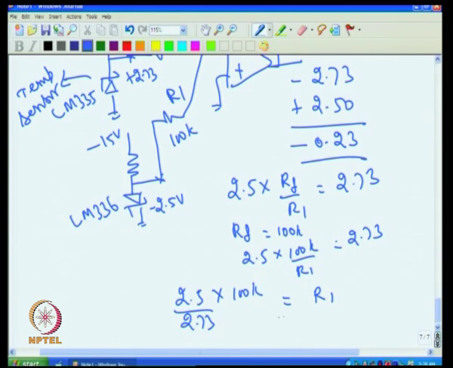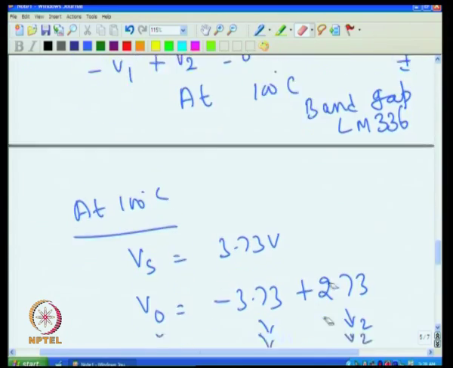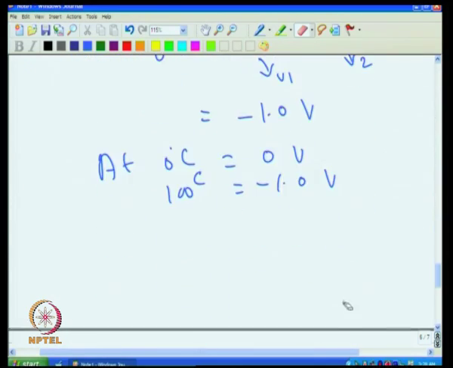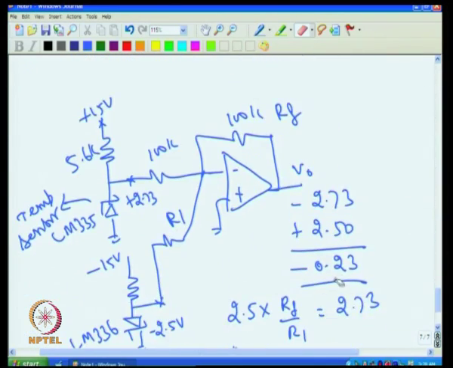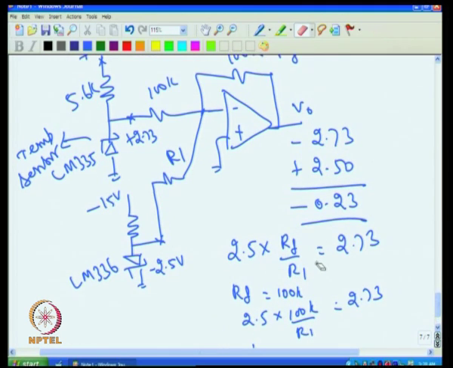So, once I put this value of R1 here, not 100 K, then at 0 degree C this is 2.73, and this will be 0. At that time this is fixed at minus 2.5 volt.